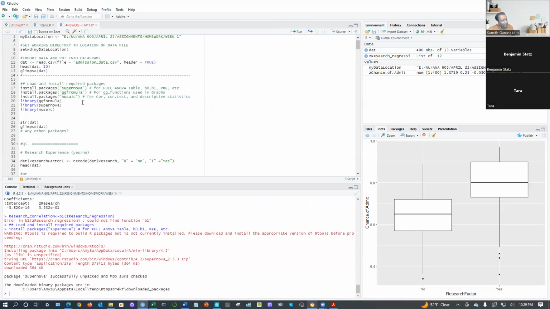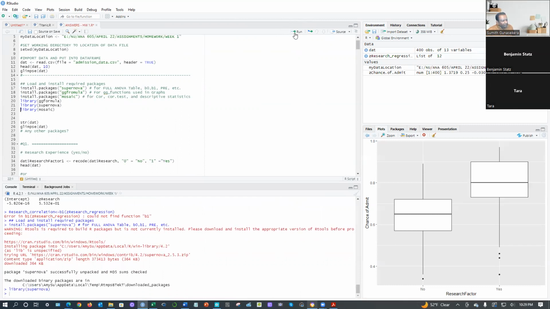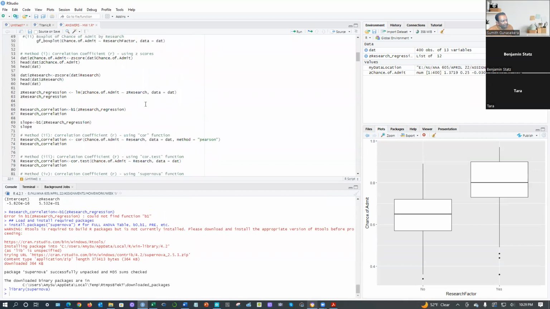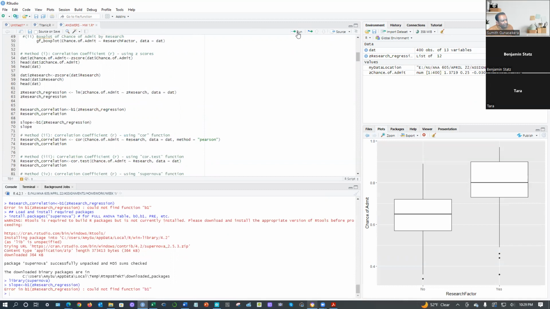Last time, not in the class, but when I was running, it was working. That's why I put it over here. Okay. Still have an issue. Could not find function. That's okay.